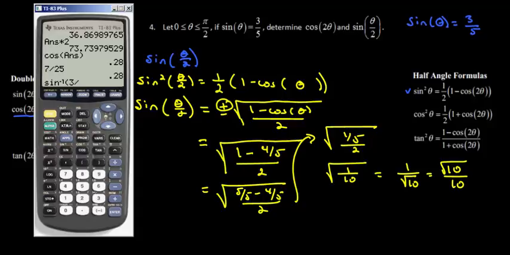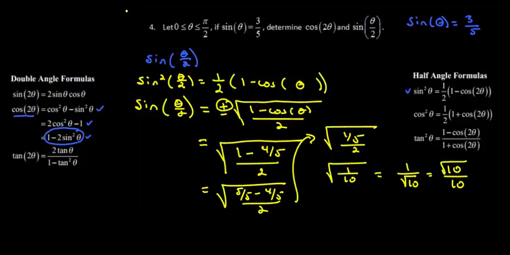If I divide that by 2, I get theta divided by 2. And the sine of theta divided by 2 is 0.316. If I take the square root of 10 and divide it by 10, I get the same value. So now I know that square root of 10 over 10 is the exact value of the sine of theta over 2.